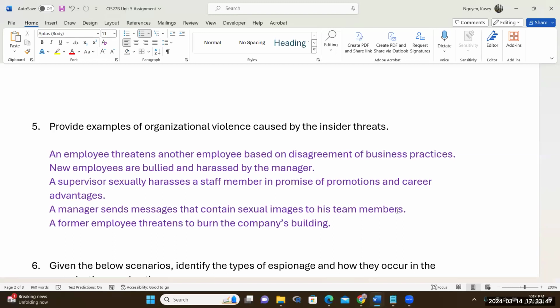And then a former employee threatens to burn the company building or shoot people, and it goes on, right? You see it all over the media. And some of the sad school shootings could also be caused by an insider, or people who are related to the insider.